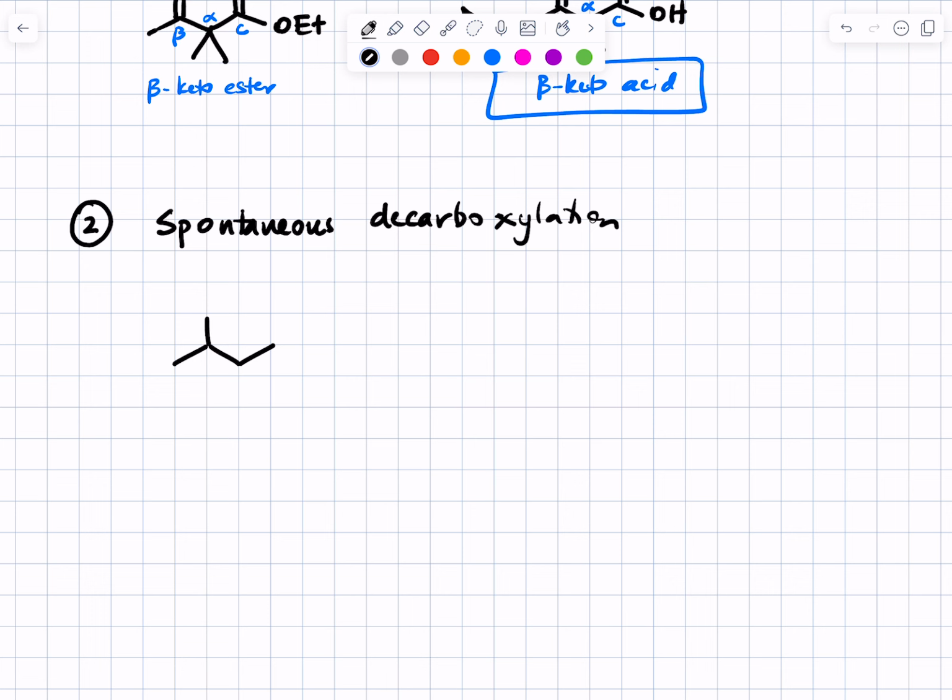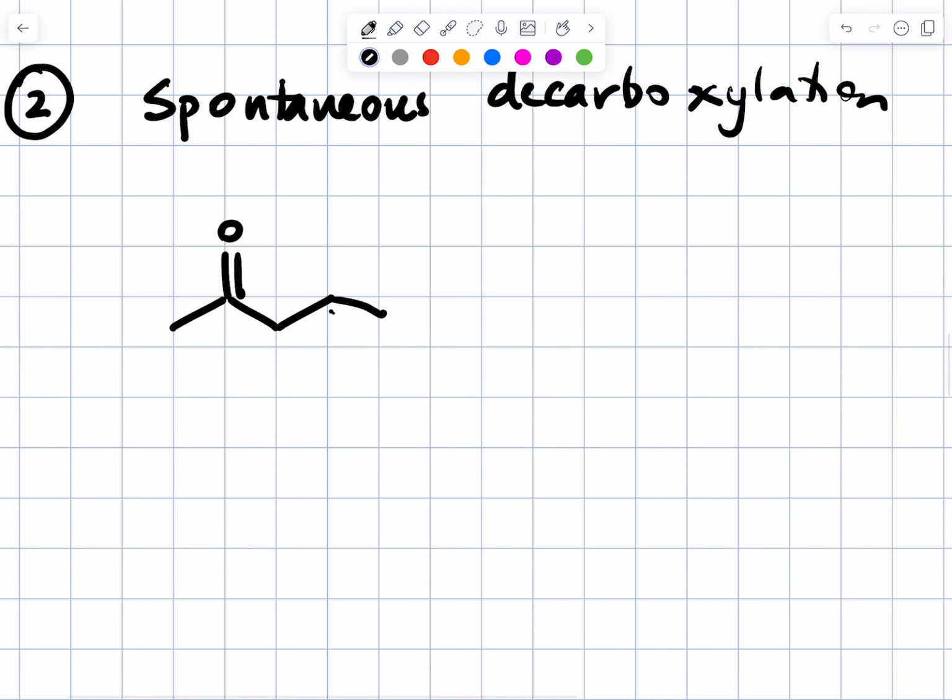I'm going to redraw the beta keto acid in a slightly different way. I'm going to angle the carbonyl down here of the acid and put the OH group here. If I do that, you can see that the proton of the carboxylic acid group is actually close to the carbonyl of the beta keto group, right?